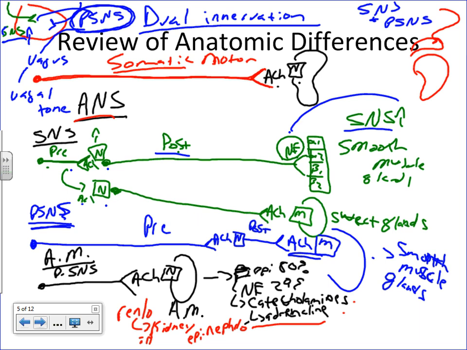So going back to terminology 101 real quick. Wherever acetylcholine is released, we would say that's cholinergic. Where norepinephrine is released, we would say that's adrenergic.